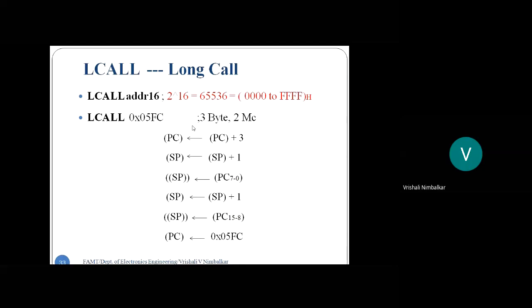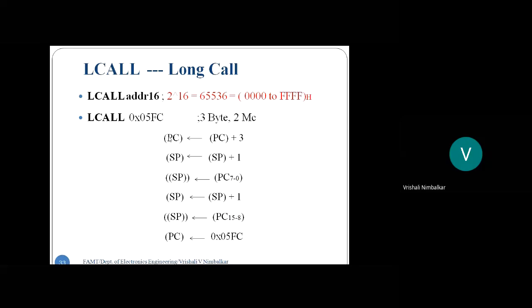So now, where is the return address? It means what is the address of the next instruction? See here, students, LCALL is a 3-byte instruction, so 3 memory locations are required to store LCALL. So the next instruction will be 3 locations ahead. So the return address is PC plus 3.